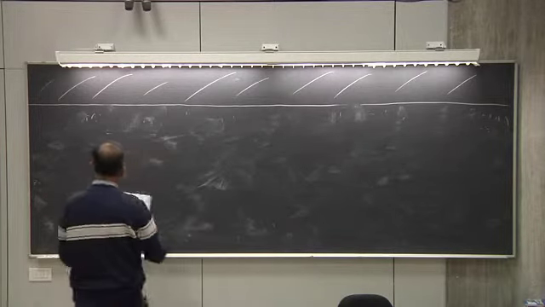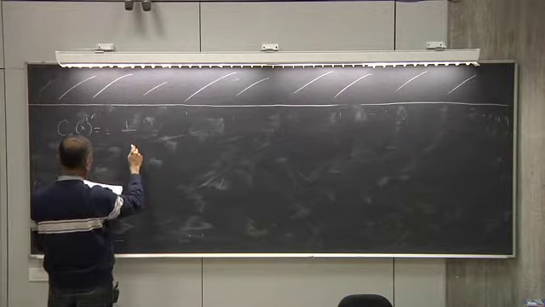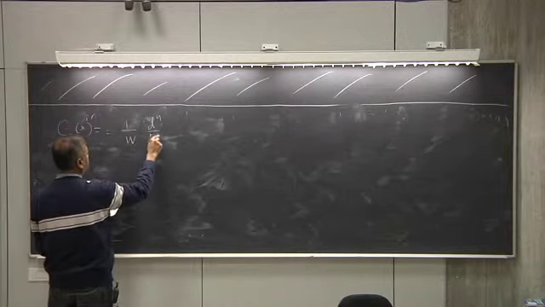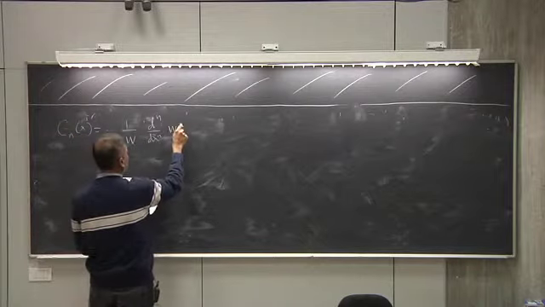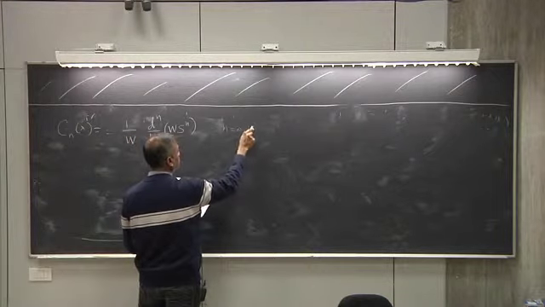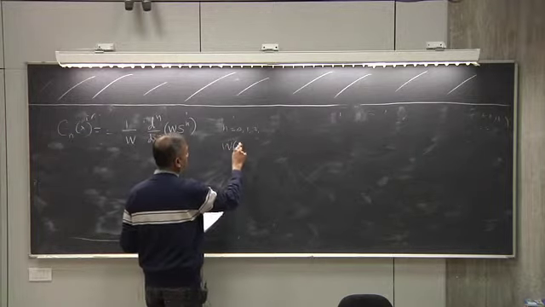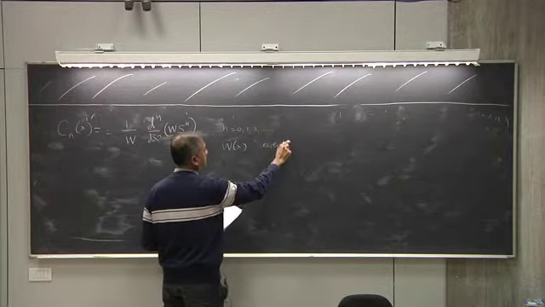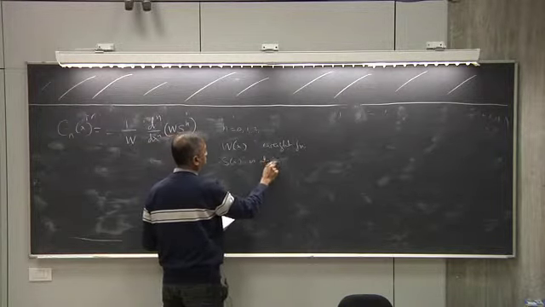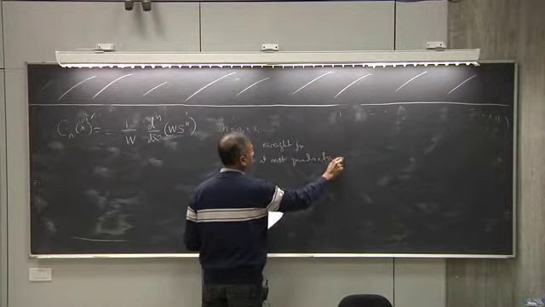So let me remind you, the Rodrigues formula was C_n(x) equal to 1 over w, where w is a weight function, d^n/dx^n acting on w times s^n, where n goes from 0, 1, 2, etc. Here w is a weight function, and s(x) is at most quadratic in x.